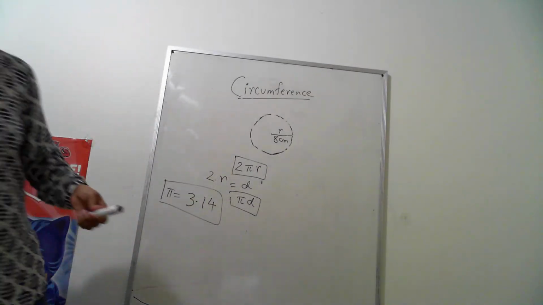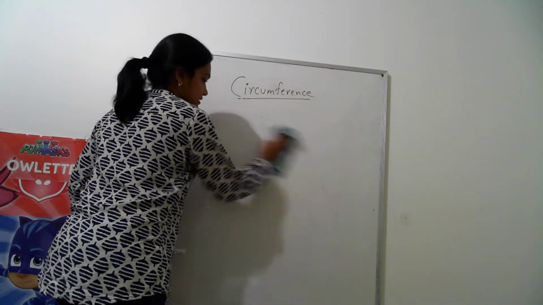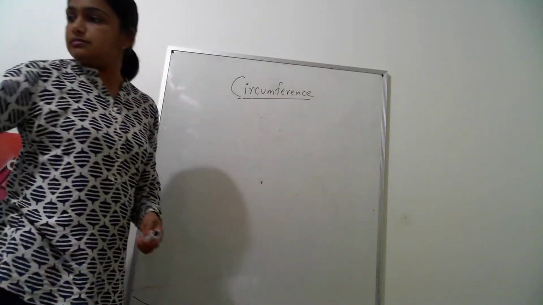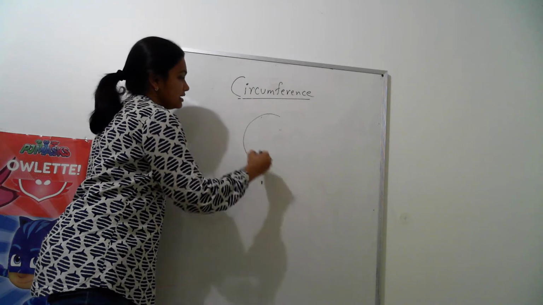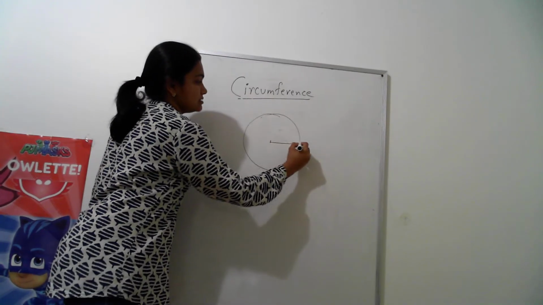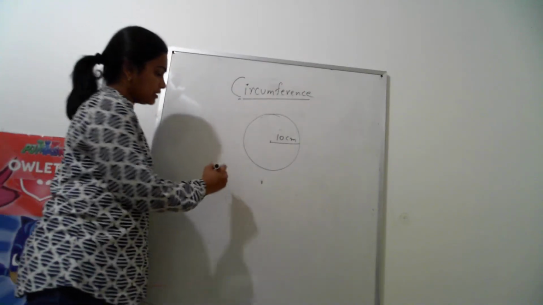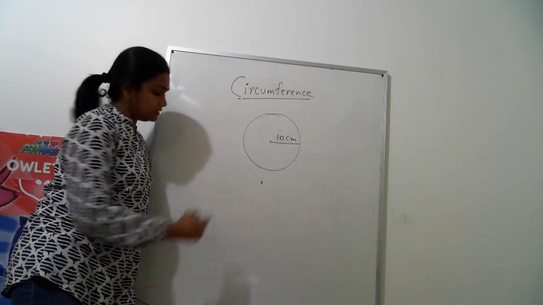Let's solve some questions to find the circumference of some circles. Let's try to do it, then we'll do the area. Let's say we have a circle of radius 10 centimeter. Find the circumference of the circle.